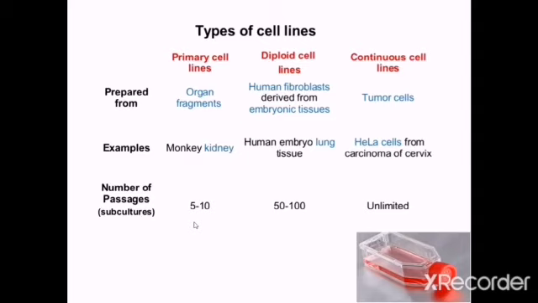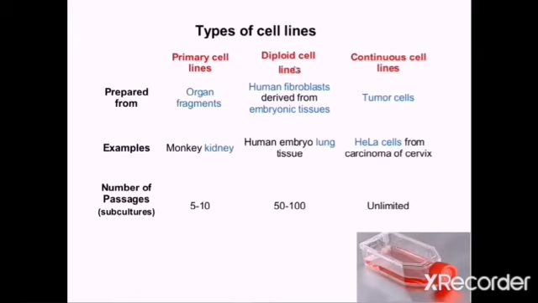It can't be maintained in serial cultures. There is limited growth, just 5 to 10 divisions, and it is used primarily for virus isolation and their cultivation for vaccine production. The example is rhesus monkey kidney cell culture.